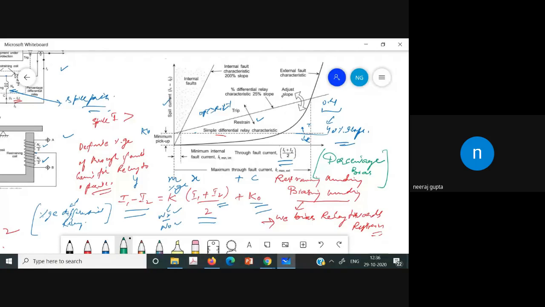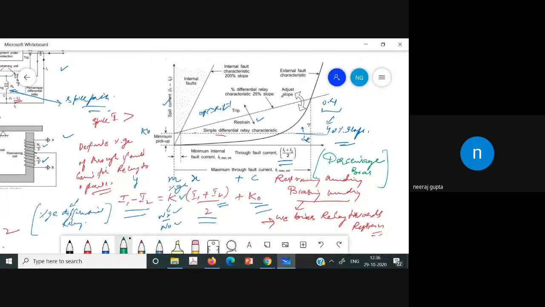So from this we will observe that this is the simple differential relay characteristic, and by using the percentage differential relay and adjusting the slope of it, the slope of the pickup value of the relay is adjusted. Not the slope, but the minimum pickup value is automatically adjusted.